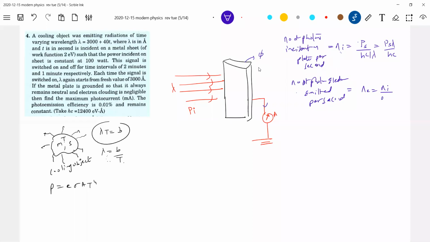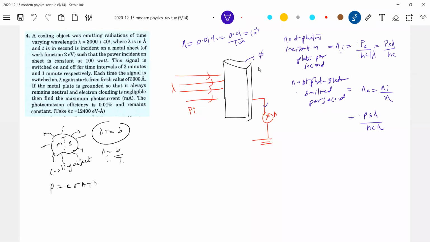Efficiency is how much? This eta I'll call efficiency, 0.01%, which is equal to 10 to the power of minus 4. Or if you want, you bring the eta, which is equal to Ps lambda Ni into eta, by hc.